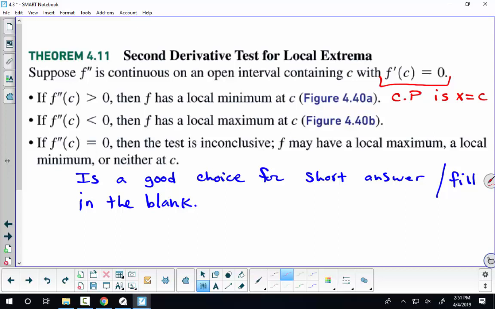If the second derivative is negative at a critical point, then you've got a local maximum. So instead of looking at a sign chart of the first derivative like this, and saying, well, the function is increasing and decreasing, I have a maximum, this is just another way to look for a local maximum or local minimum.